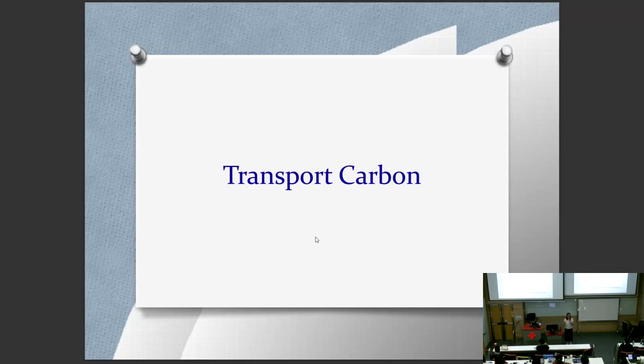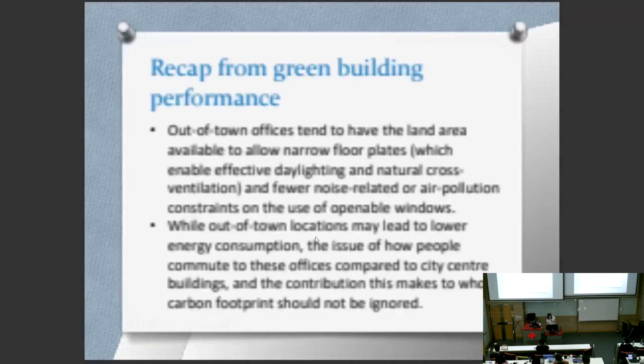And it means that for occupants, in order to work in those low operating carbon buildings, they have to travel a long way from their home to the office. And for this travelling, maybe by bus, maybe by driving a car or by public transport, it will lead to some transport carbon. So in order to make a fair comparison, we need to consider the transport carbon also.